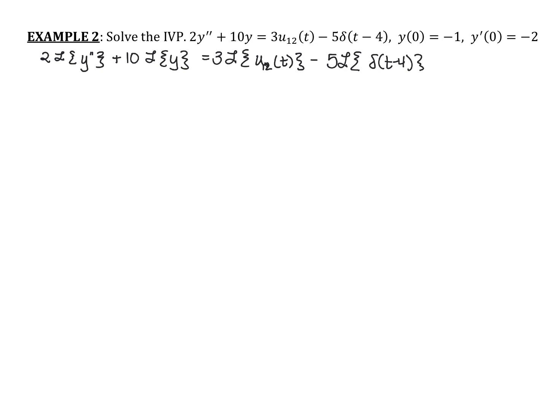okay, so moving from here, I'm going to go ahead and substitute in my y of 0, so this would be times negative 1, minus y prime, which will be plus 2, plus 10 times the Laplace transform of y, equals 3e to the negative 12s over s.